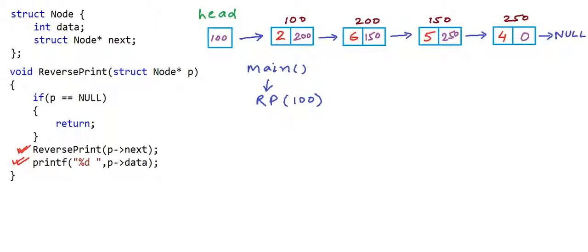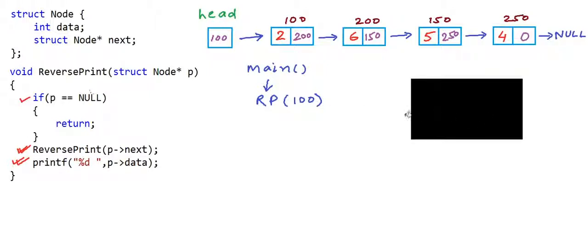The control will come inside this function. P is 100, it is not equal to null, and I've also drawn the console like before. Now this particular function call does not print first, it first makes a recursive call. So this will go ahead and make a recursive call to the reverse print function, passing it address 200.